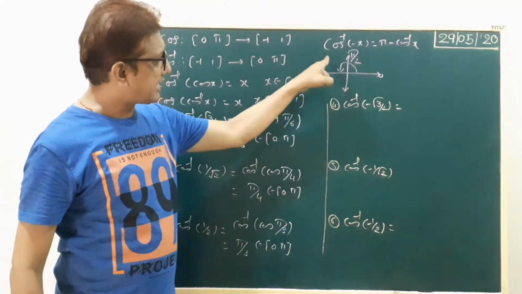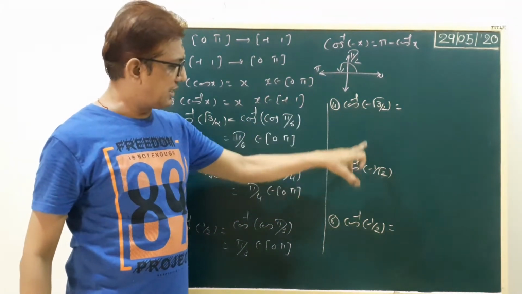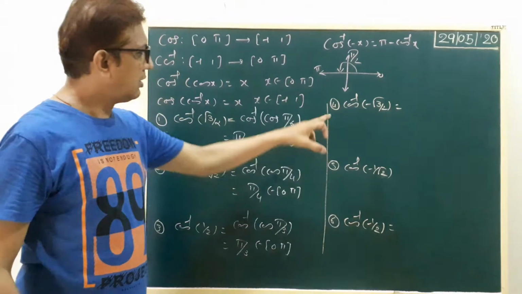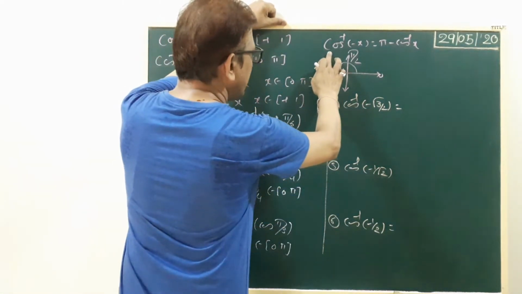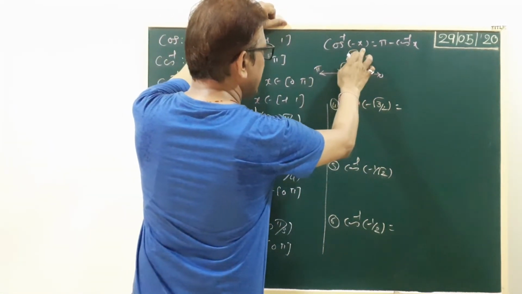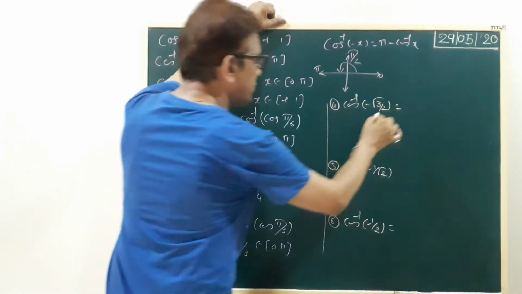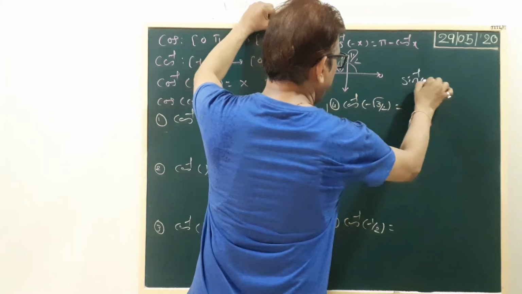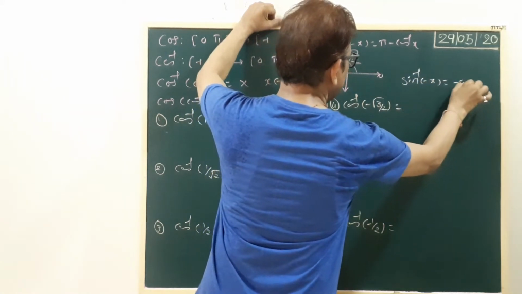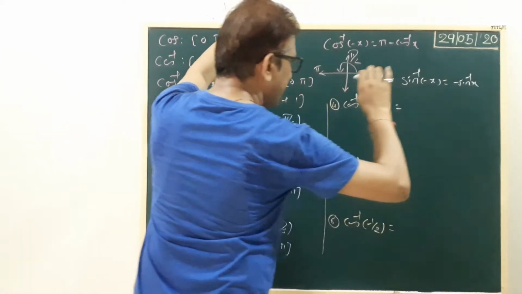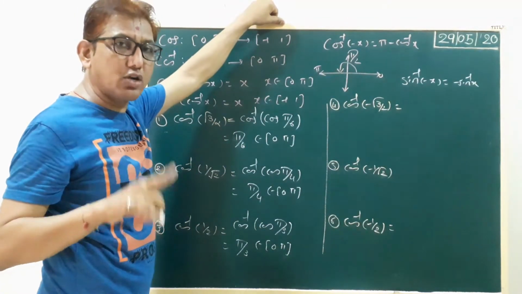Now we discuss the second quadrant. So here it is negative. We have the formula for cos inverse of minus x. In the last video lecture we already discussed that sine inverse of minus x equal to minus sine inverse x, because sine is an odd function.